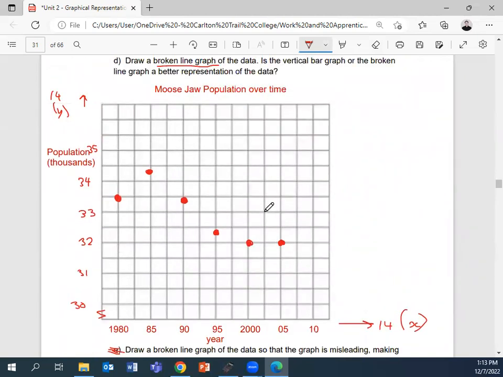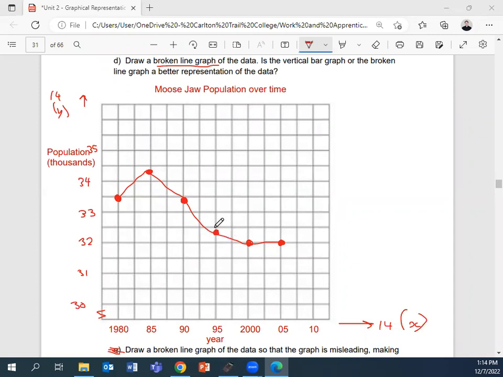Once you've set all your data, I'll give you a little bit more time for this, then all you do is just connect the dots, right? Okay, so this is what our graph ends up looking like.